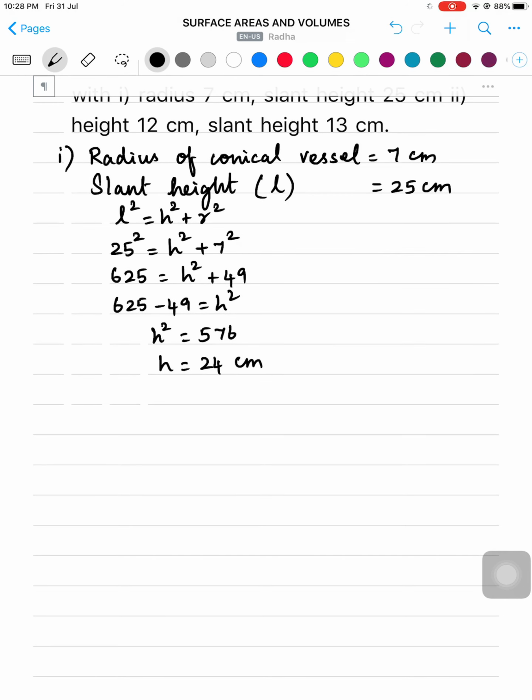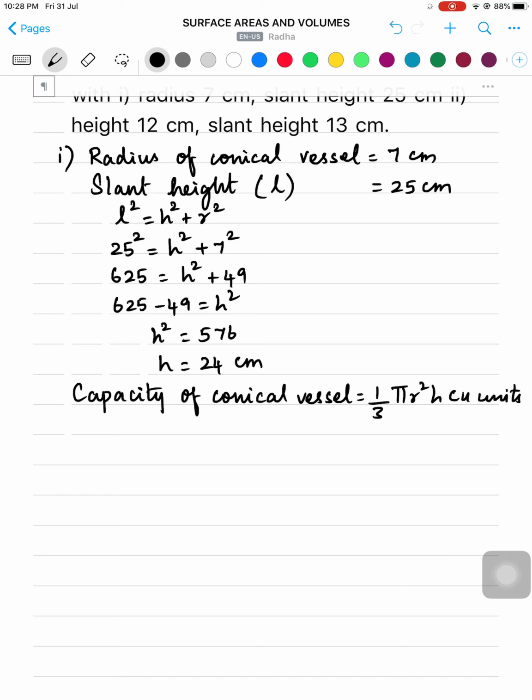From this, what is the capacity of the conical vessel? That is nothing but the volume of the conical vessel. So, what is the volume of a conical vessel? Formula is 1 by 3 pi r squared h cubic units. So, it is 1 by 3 into 22 by 7 into what is r? 7. 7 into 7 into what is height? 24.